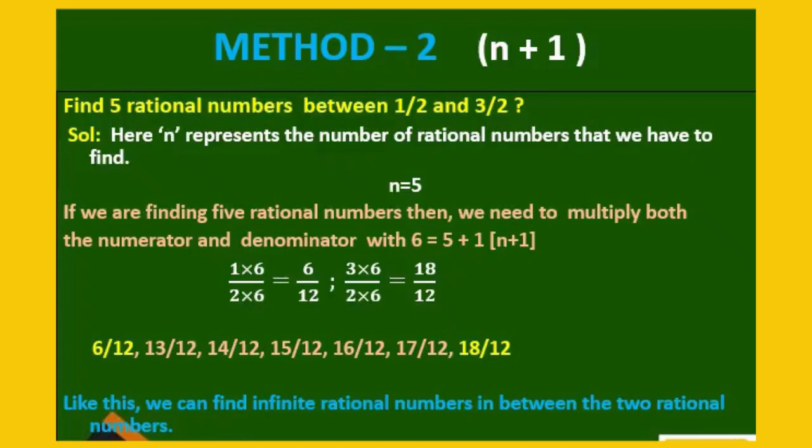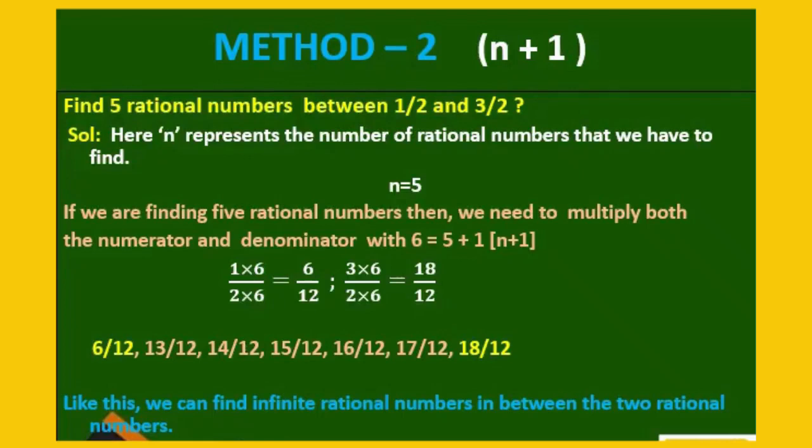Now, if we are finding 5 rational numbers, then we need to multiply the numerator and the denominator of both the rational numbers with n plus 1. So what is n plus 1 here? N plus 1 is nothing but 5 plus 1, that is equal to 6.